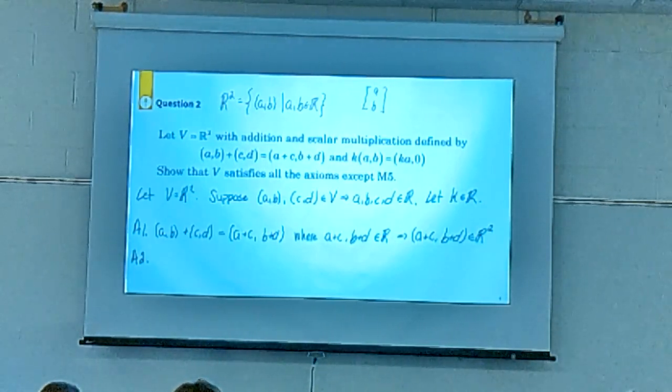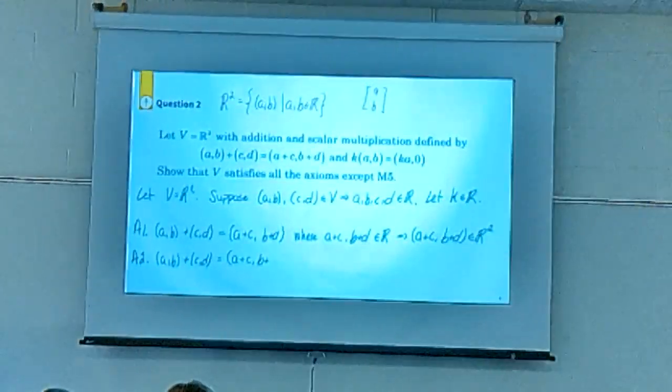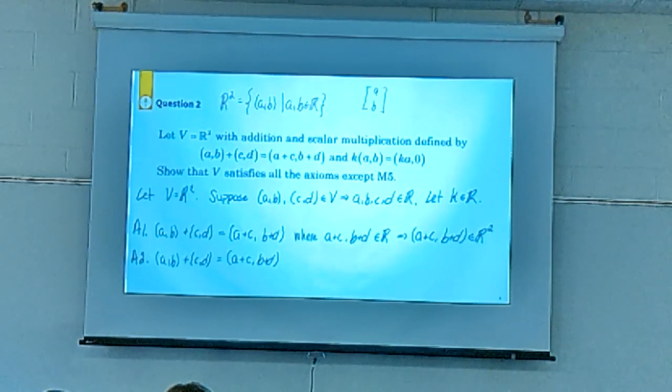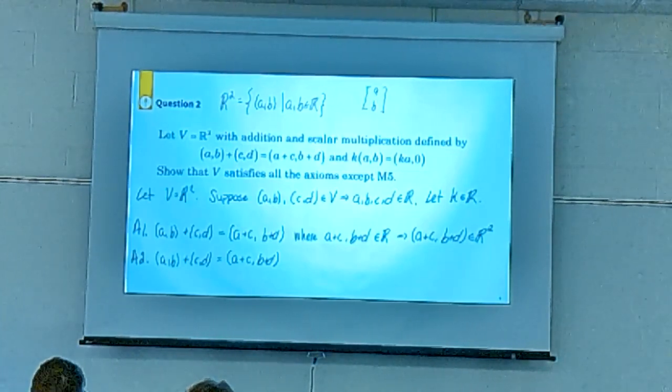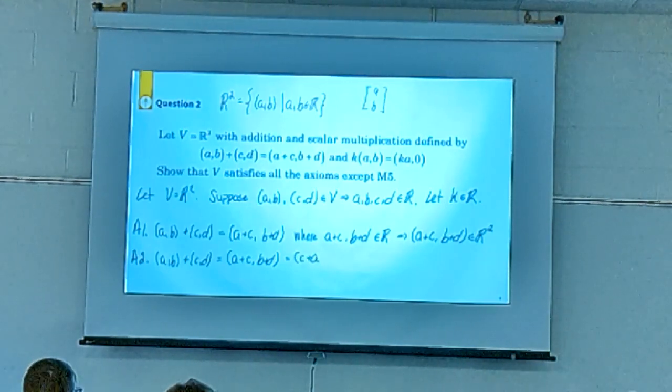A2 is the commutative property. However, a and c are real numbers, right? Isn't addition of real numbers commutative? Yeah. So I can write that first term as just c plus a.